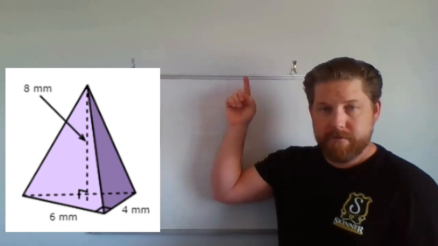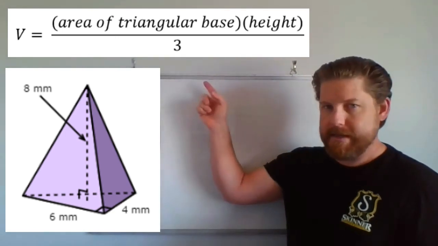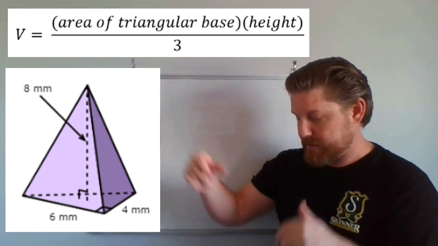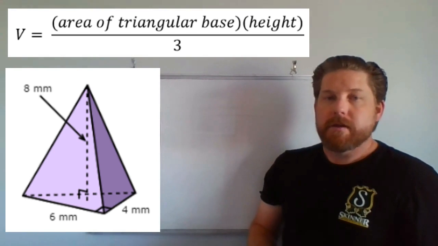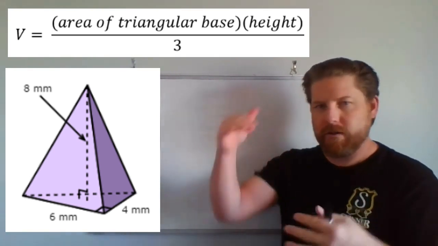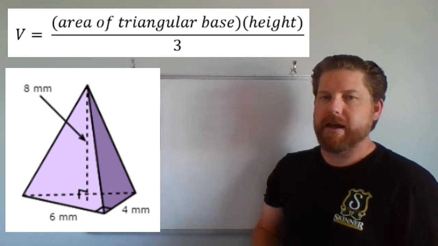Here's the formula for the volume of a triangular pyramid. And notice in the formula it says volume equals the area of the triangular base times the height, and then we divide it by 3 because it's still in that volume of cone realm where there's these weird triangular shapes inside of a volume. So we always divide those by 3.